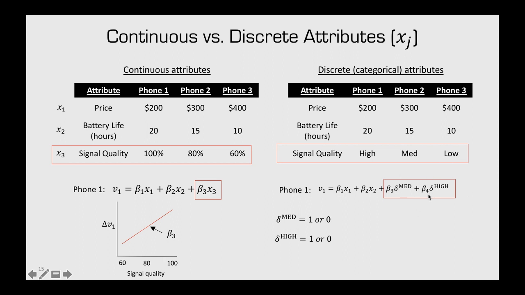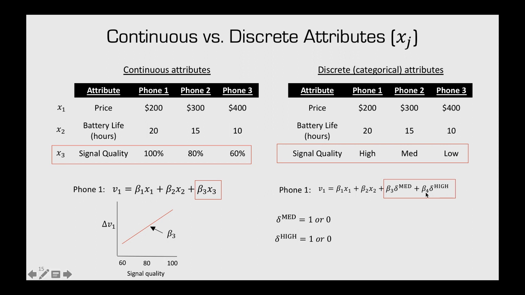Because utility is only a relative concept, you can only have utility relative to another value, you have to choose a baseline value when you have a discrete or categorical attribute. So here, we've assumed low, the category of low signal quality, to be at the point 0. So what beta 3 is going to tell us is what is the discrete increase when we go from low to medium.